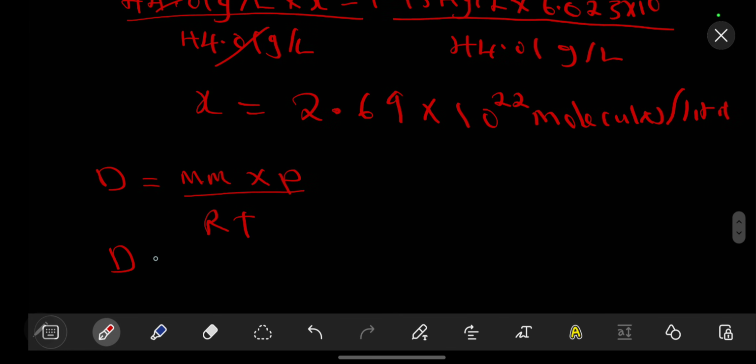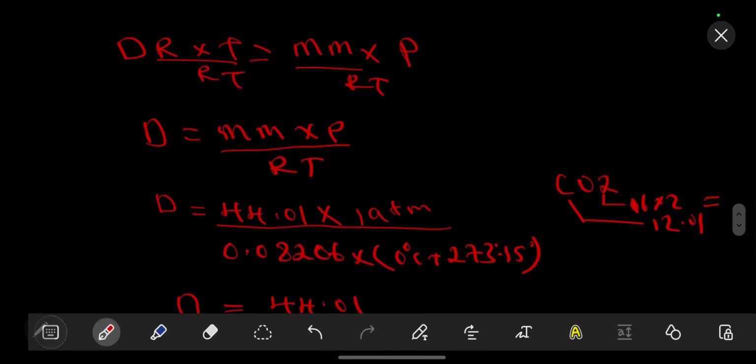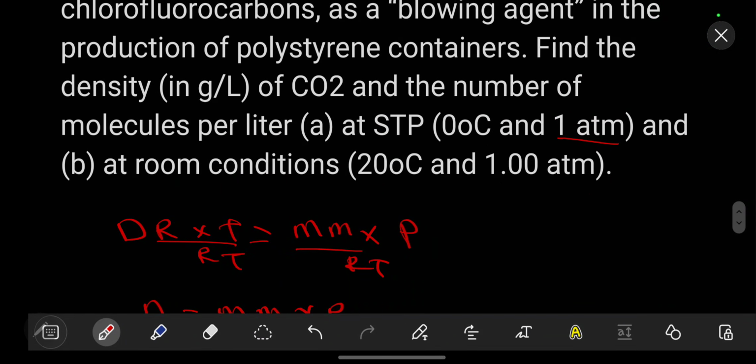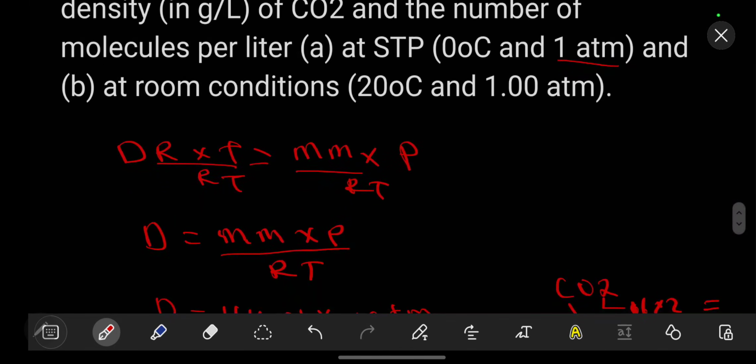This time we are calculating the density of the same substance. Now the temperature is 20 degrees and 1 atmosphere, same.